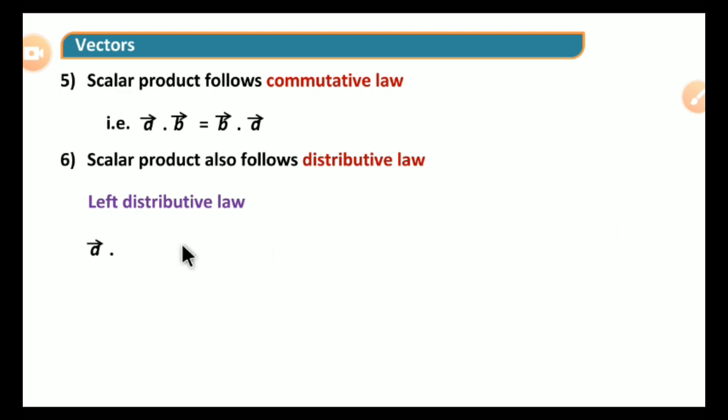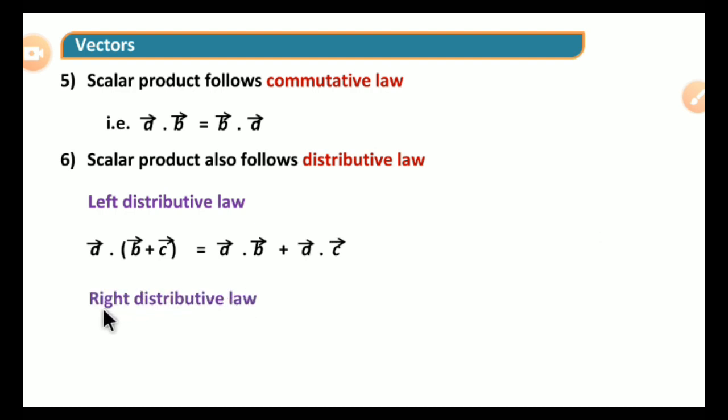Here we will see the statement for left distributive law, that is vector A dot into the bracket of B plus C, which can be written as A dot B plus A dot C vectors. And similarly we can see the right distributive law, that is B plus C vector whole into dot product with vector A, so that it becomes B dot A plus C dot A. So this is the left distributive law and this is the right distributive law.